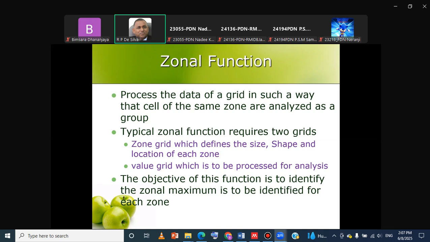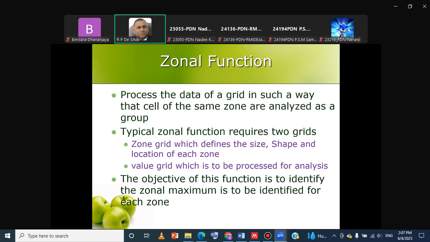One is a neighbor who is sharing a non-zero boundary with you. If you are in a particular cell, a neighbor is defined as another cell which shares a non-zero boundary with the particular cell that you are looking at.